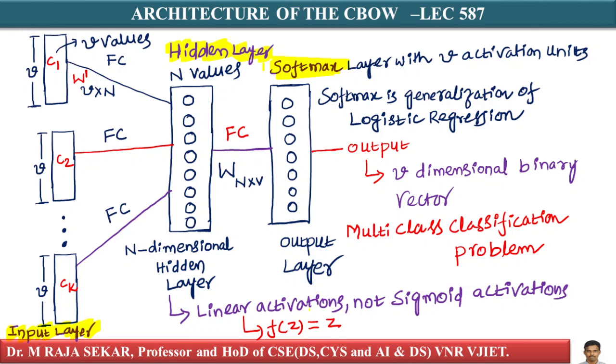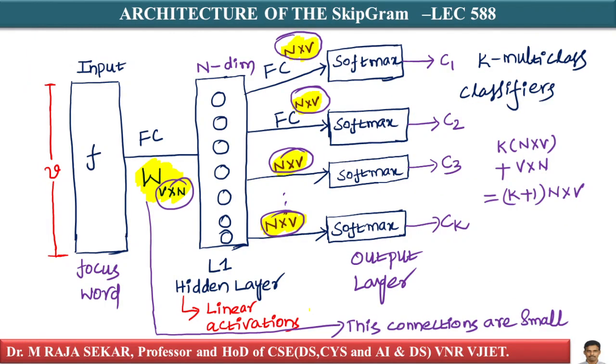You have only one softmax to train because you are trying to predict the focus word only, only one target word. In the case of SKIPGRAM, you have K softmaxes. Why? Because this is the architecture of SKIPGRAM. You have to predict K context words. Therefore, you have K softmaxes.